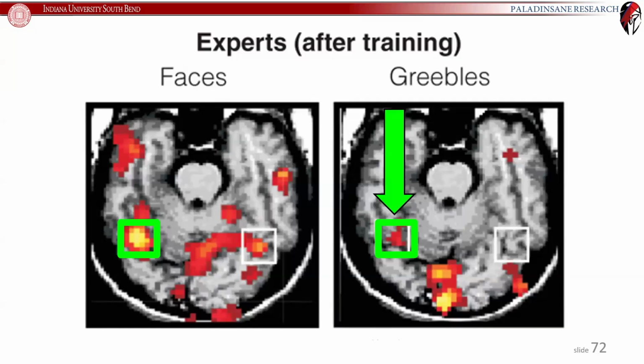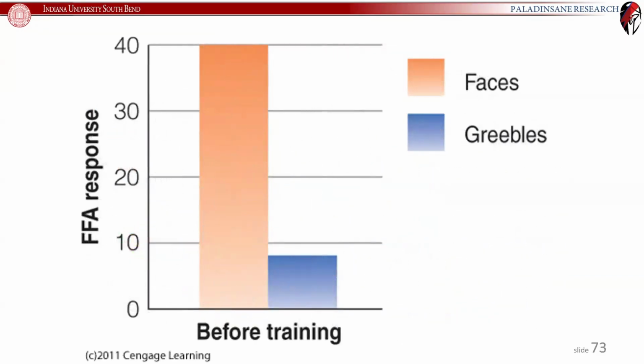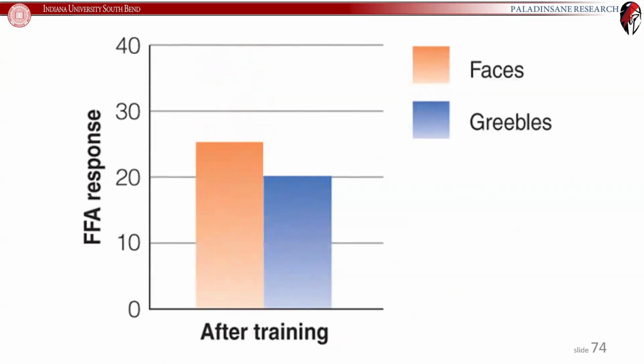The activation has increased, evidence of experience-dependent plasticity. That area is now being rewired so that it can also process greebles. So we have before training, once again, the activation of the faces much greater than activation of the greebles. After training, activation of the faces comparable to the activation of the greebles.